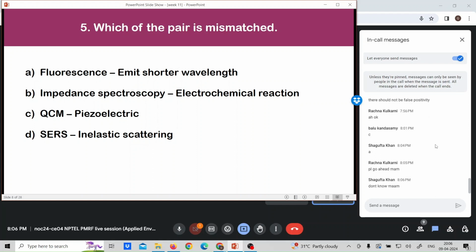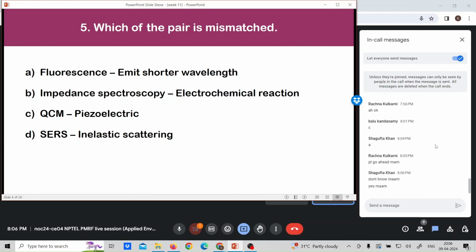Maybe if you had known the expansions before, you would have tried answering. QCM refers to quartz crystal microbalance and SERS refers to surface enhanced Raman spectroscopy. Both of these are biosensing techniques, and I think it's also discussed in the lectures. I saw these terms in the lecture PPTs. Maybe you can go through them carefully once.